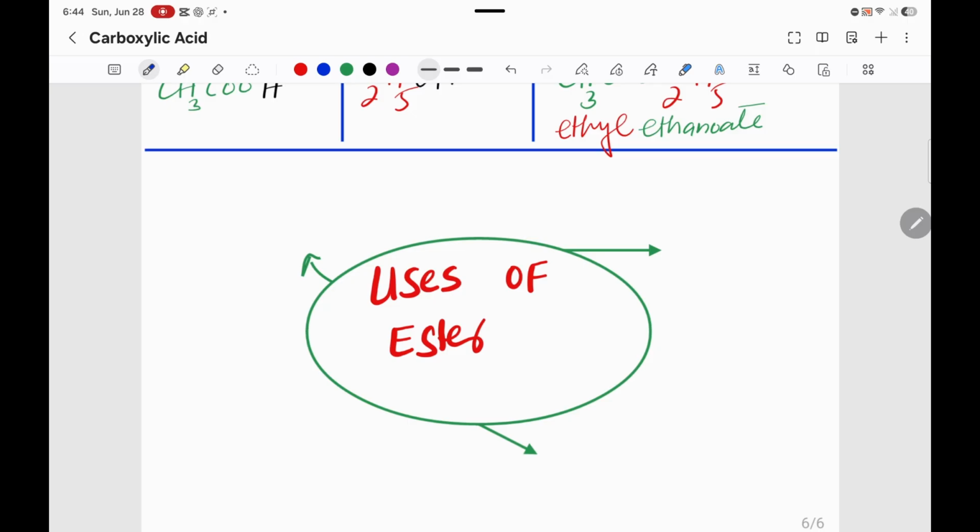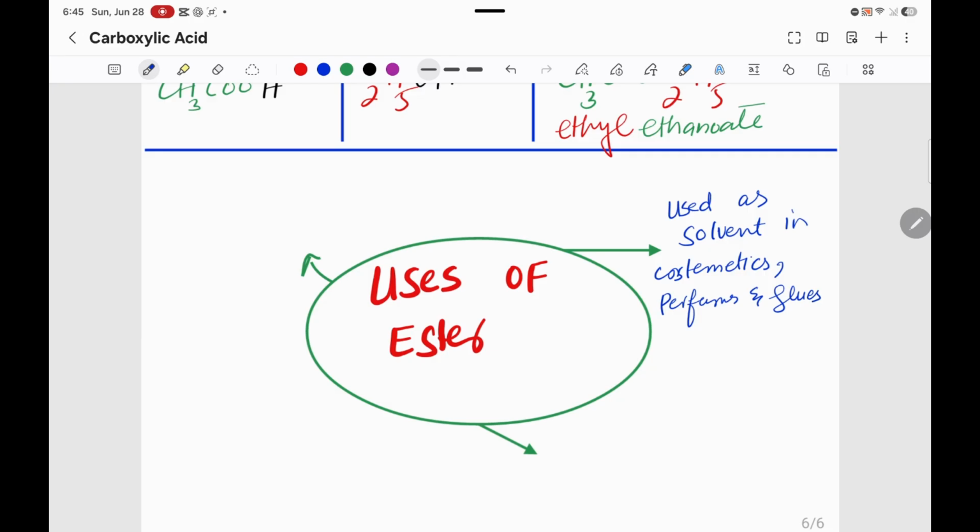First of all, they are used as solvent in cosmetics, perfumes, and glues.